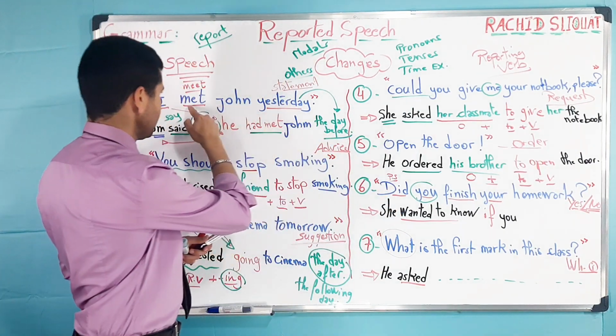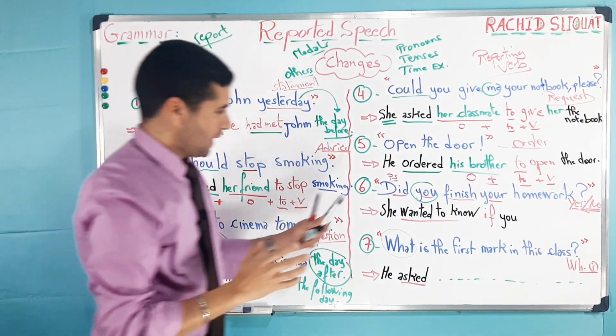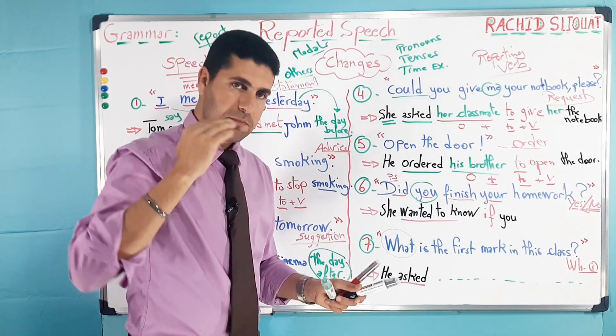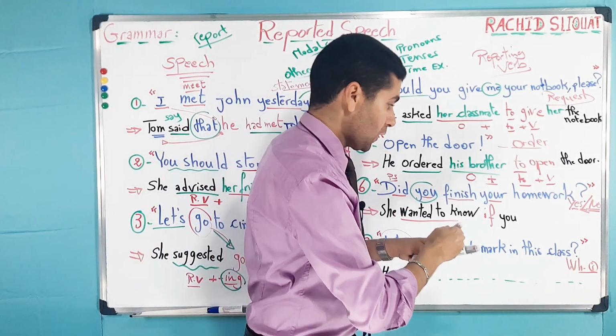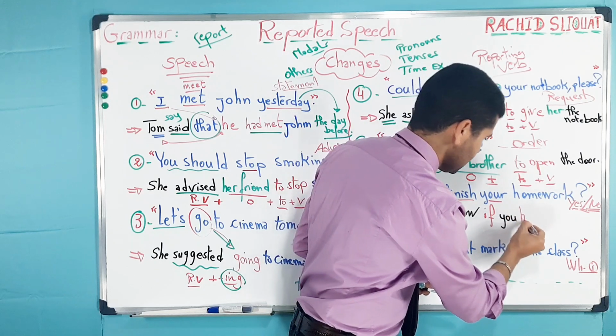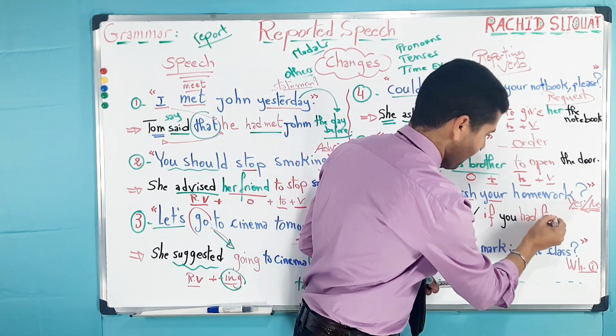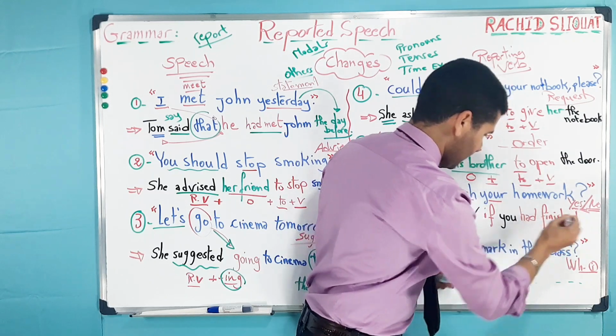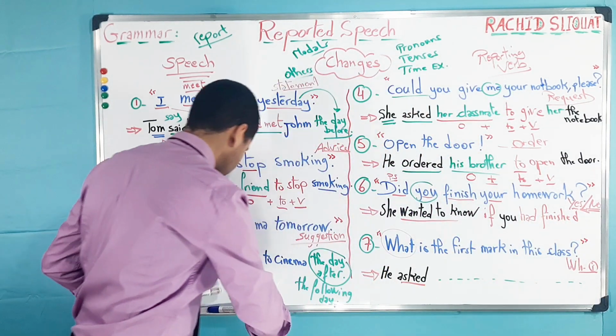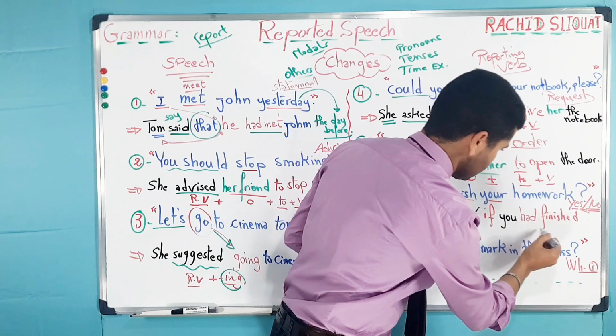We said in past simple, past perfect. Did finish, the verb finish in past perfect is very simply if you had finished, what? If you had finished your homework.